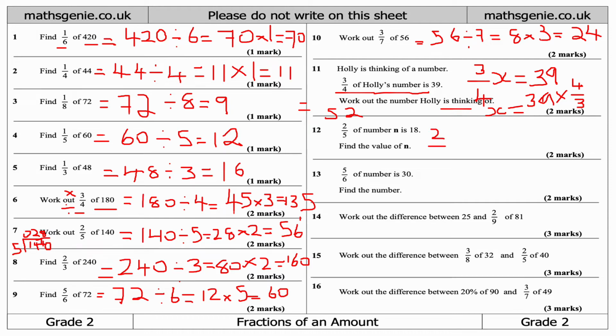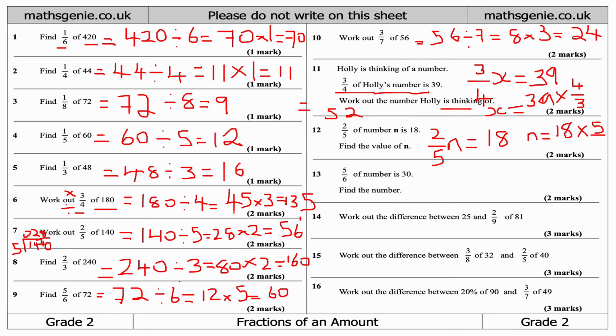Okay, 2/5 of a number is 18. Number n. Find the value of n. So I've got my equation here, dividing both sides by 2/5 to get n on its own. Remember that dividing by 2/5 is the same as multiplying by its reciprocal, so multiplying by 5/2.